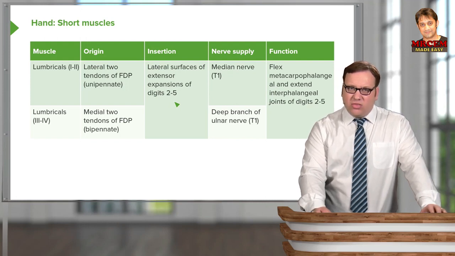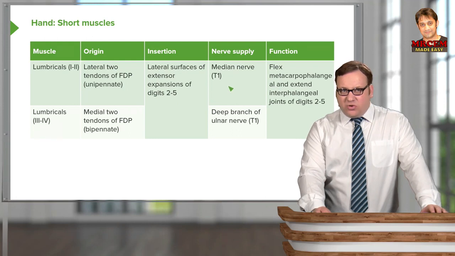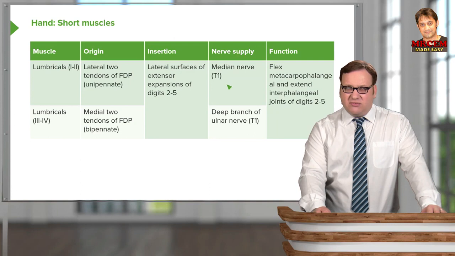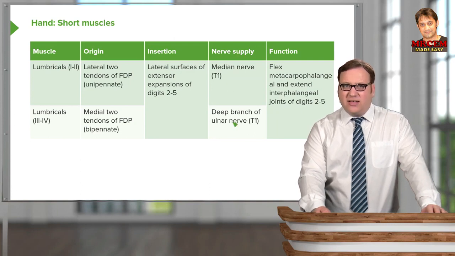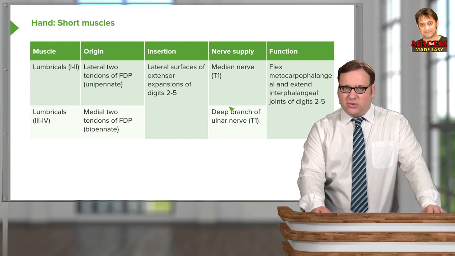So they don't work on the thumb, just digits 2 to 5. The lumbricals 1 and 2, the lateral 2 lumbricals, are innervated via the median nerve, whereas lumbricals 3 and 4, associated with the medial tendons of FDP, are innervated via the ulnar nerve. So we can see the lumbricals have a different innervation, a different nerve supply.